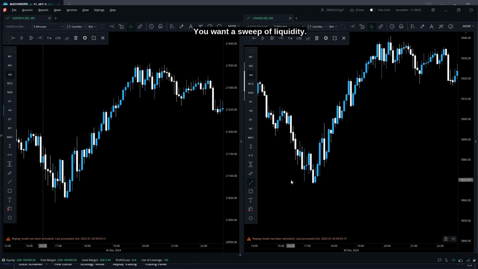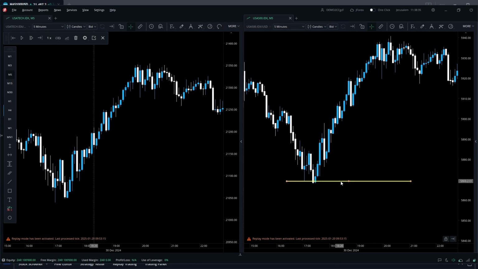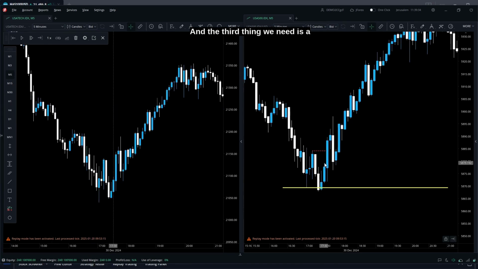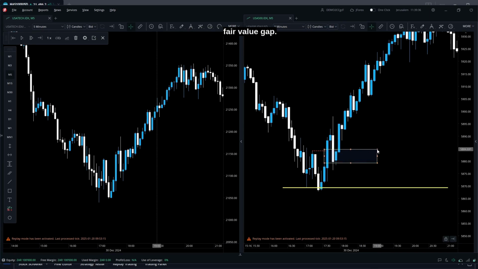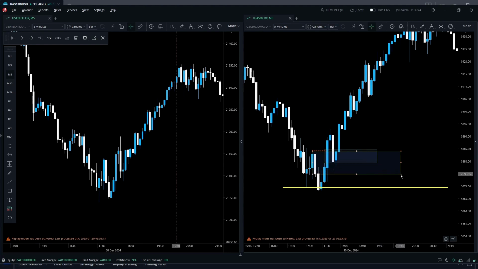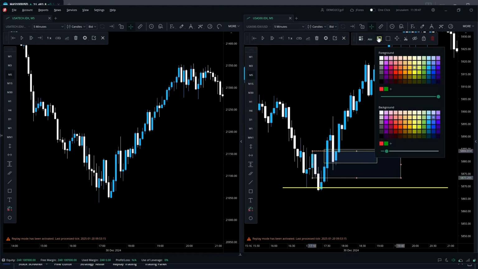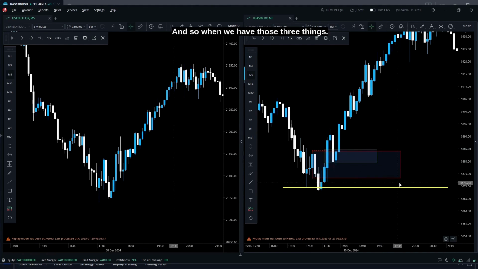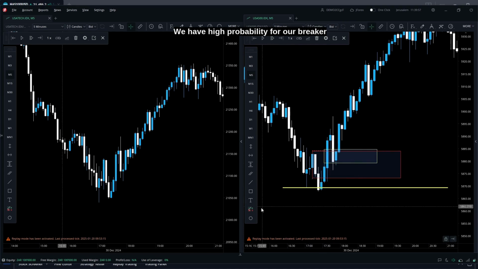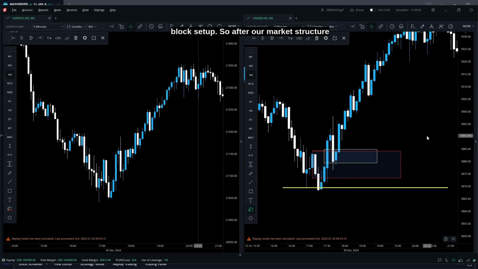We want a sweep of liquidity, we want a market structure shift, and the third thing we need is a fair value gap that's overlapping our breaker block. I'll make that breaker block in red. And so when we have those three things, we have high probability for our breaker block setup.